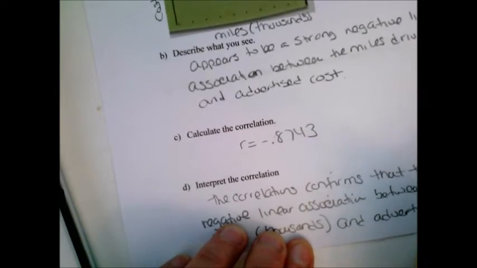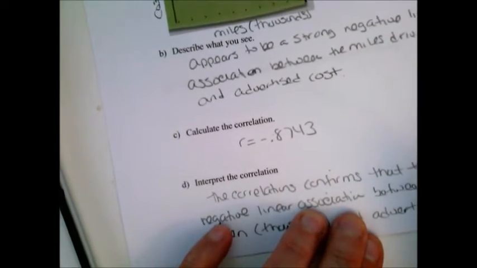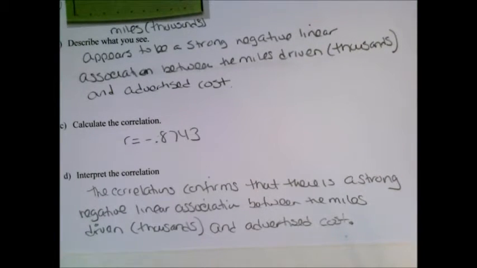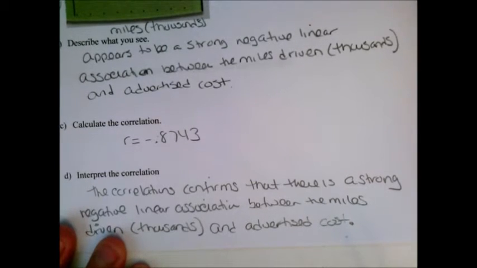I cannot stress enough context. Okay? So the correlation confirms that there is a strong negative linear association between the miles driven and the advertised costs. Okay. The nice part about the video is you can pause it if you need to finish writing that.